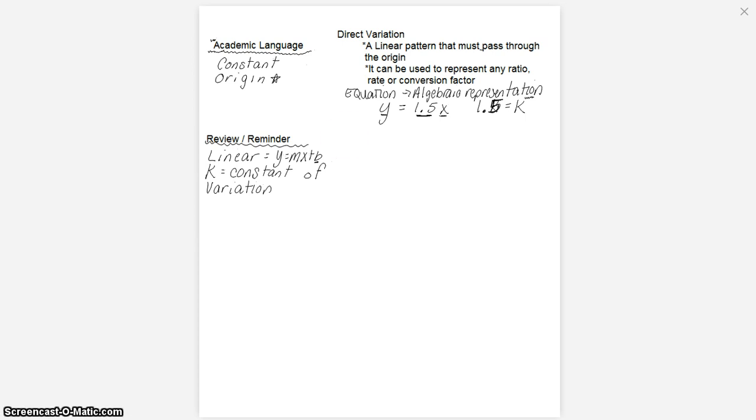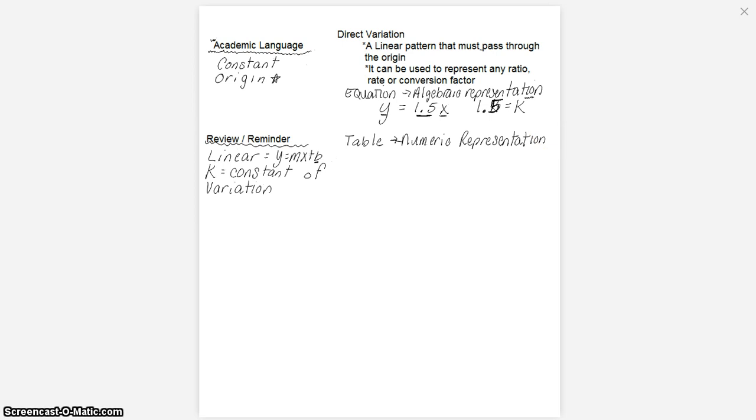And while I'm talking about this, I want you to remember you did so much work last year on linear relationships, okay? A table is also a numeric representation, okay? Good. So what does this look like in a table?